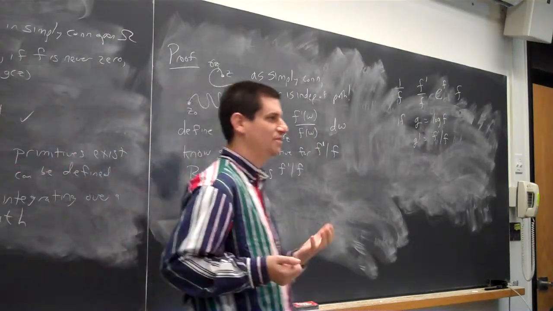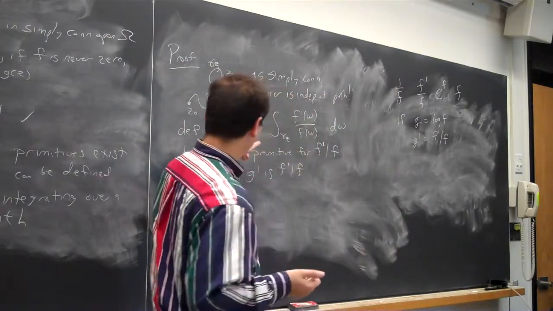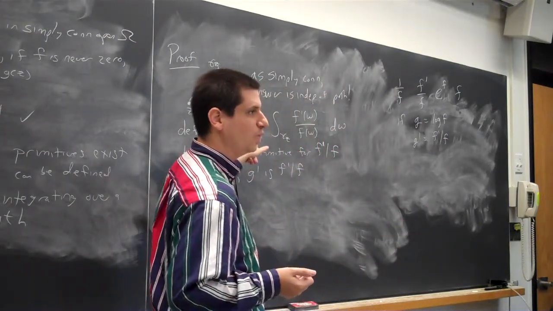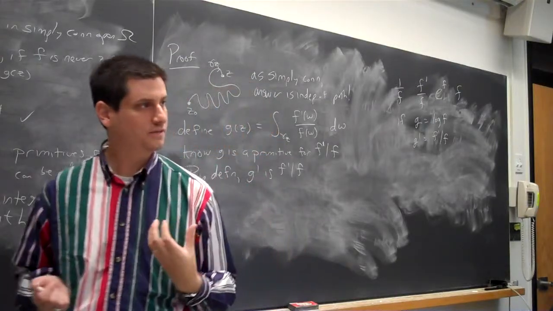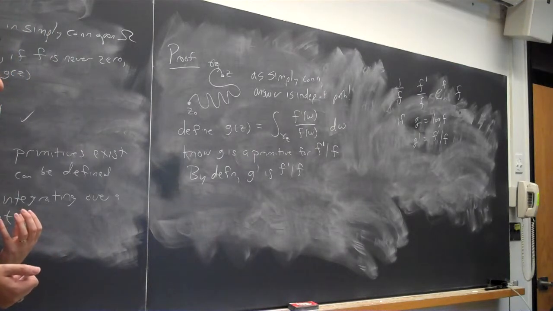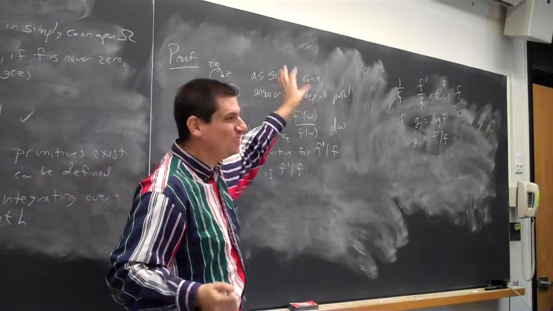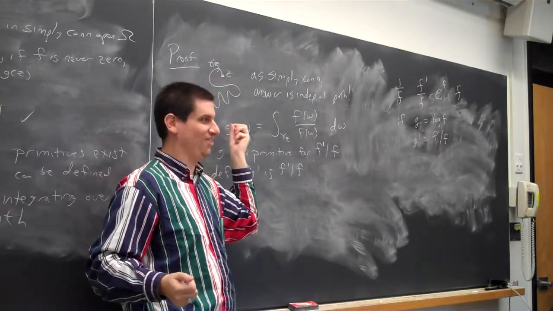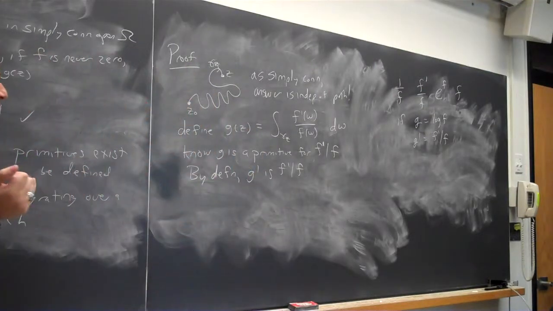It's a good thing to try, but I am evaluating the integral at z. So what value of z should I take? Not e. Not 0. Z naught. Why z naught? It's the only point I know! If you look, the only thing I know is there's some point z naught. So let's evaluate this at z naught.